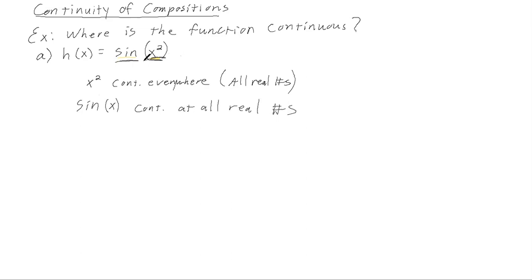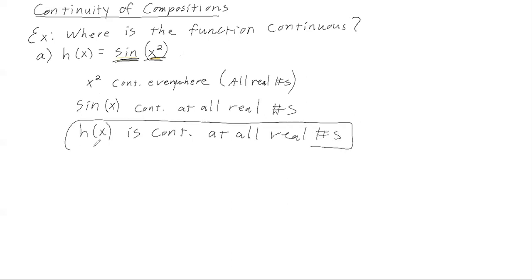If the inside function is continuous at all real numbers, and the outside function is continuous at all real numbers, I could say h of x is continuous at all real numbers. Notice we had an outside and an inside function that we had to deal with.